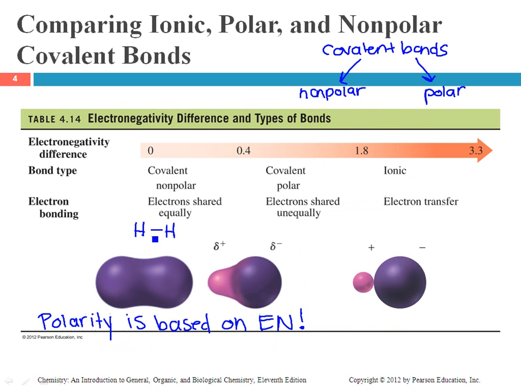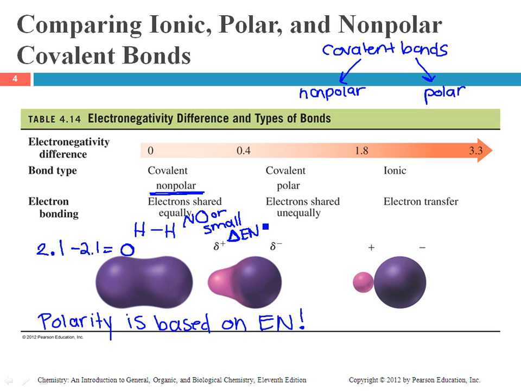We have two hydrogens, so 2.1 minus 2.1 equals 0. We would call this nonpolar. That means there is no, or a small (we'll talk about how small), difference in electronegativity.